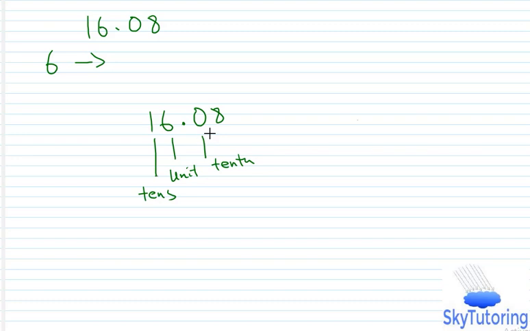A lot of students confuse this. It doesn't start with units, it starts with tenths, followed by hundredths. So the place value of 6 in 16.08 will be 6 units.